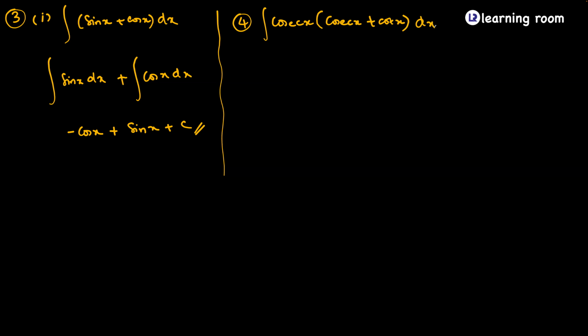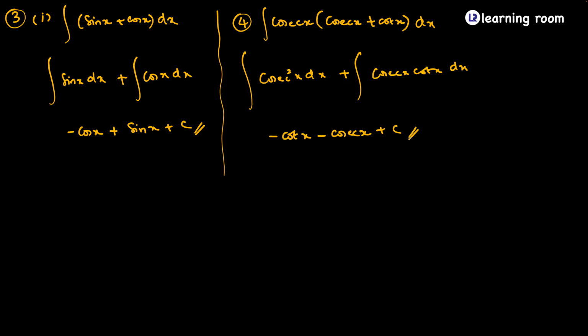So, what is this going to be? Integral of cosecant x into cosecant x is cosecant square x dx plus integral of cosecant x into cot x is going to be the same. Nothing to disturb there. So what is the integral of cosecant square x? It is going to be minus cot x. What is the integral of cosecant x cot x? It is going to be minus cosecant x plus c. That's it.